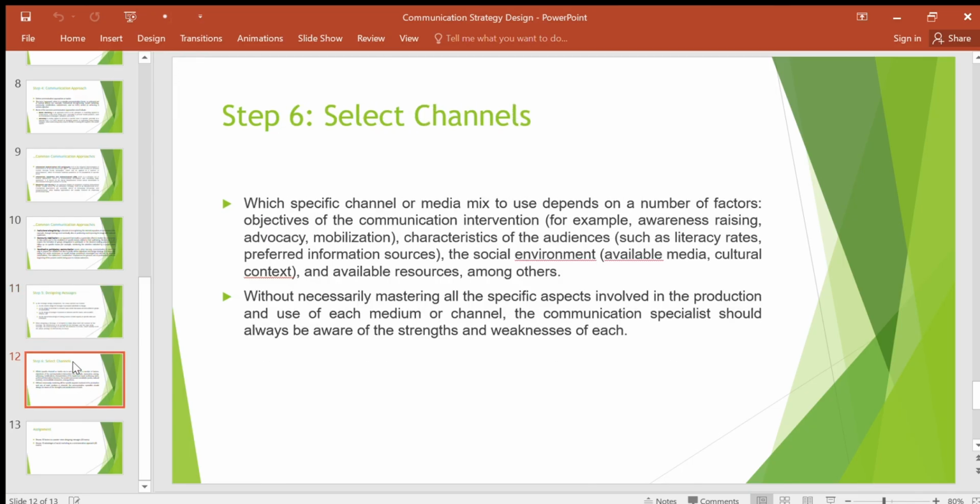And finally, we have select channels. You should choose a channel that is good, because media is so broad and depends on a number of factors. Maybe objectives of communication, intervention, characteristics of the audience. Different audience have their own different characteristics, and the social environment and available resources.